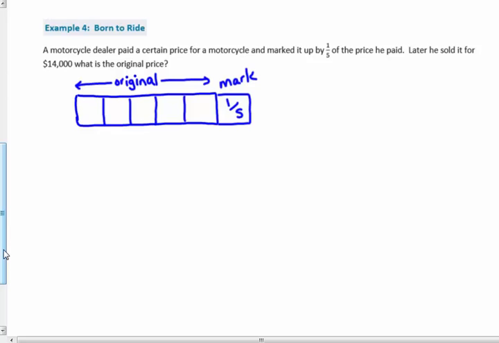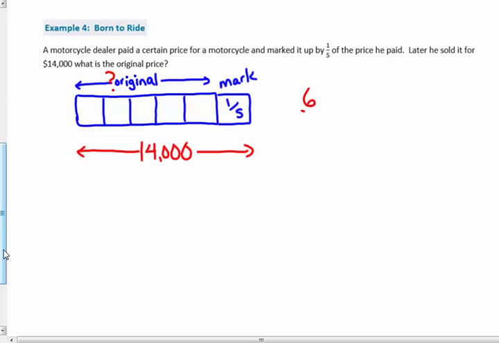Later, he sold it, so all of this, I'm going to change colors just to help, he sells for $14,000. All of those bars is the $14,000 that he sells it for: the original, I don't know, plus the 1/5. What is that original price? This is what I've got to figure out. I have 1, 2, 3, 4, 5, 6 fifths.